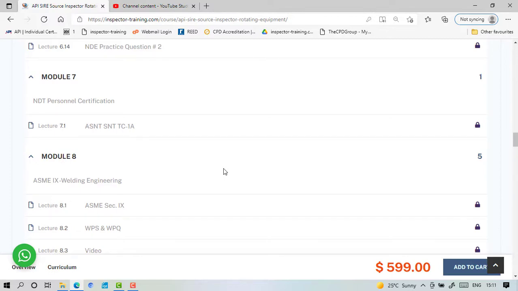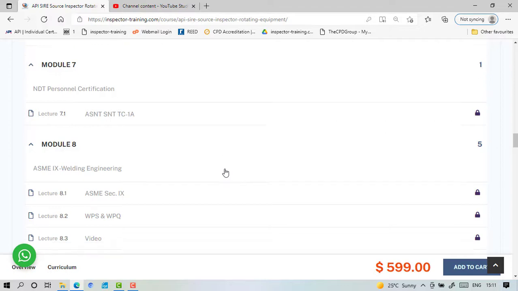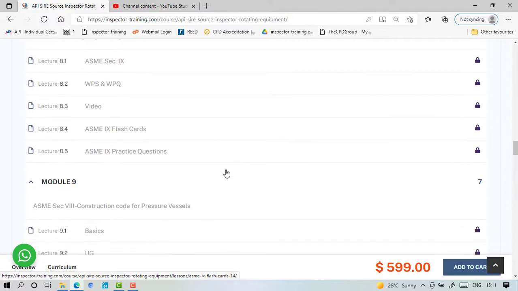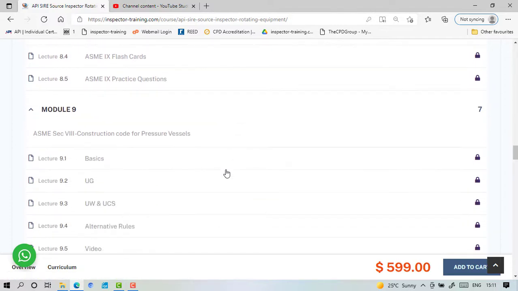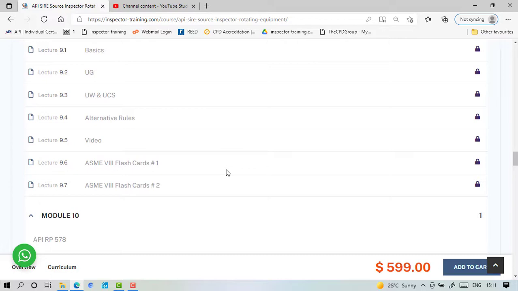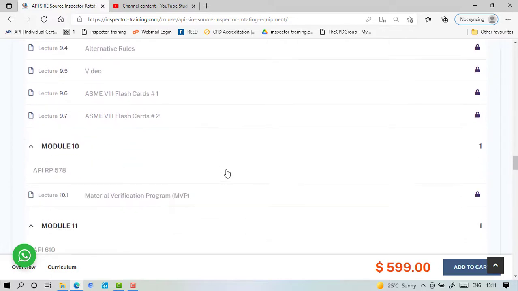NDT certification, SNT-TC-1A for NDT personnel, welding engineering, ASME Section 9, and WPS, WPQ with flashcards and practice questions, and construction code for pressure vessel, ASME Section 8, and general requirements, UG, welding requirements, and carbon steel, alternative rules, and flashcards.